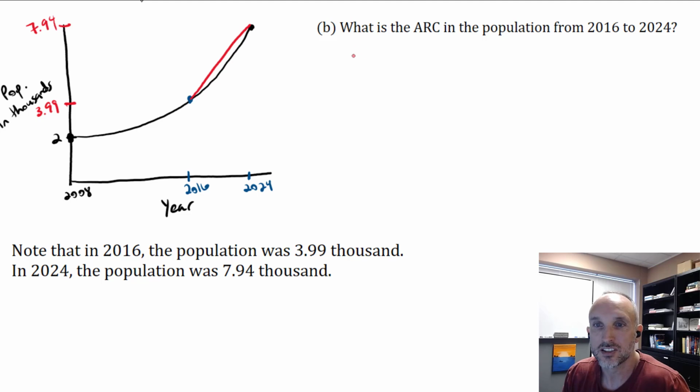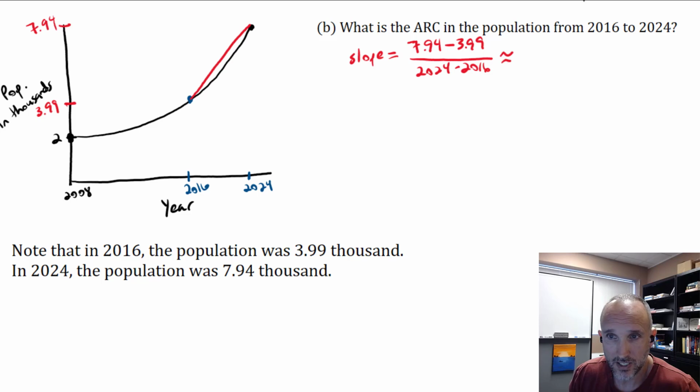So the slope is going to be rise over run. So we're going to take 7.94 minus 3.99. That's going to tell us our rise. Divided by our run, we're going to take 2024 minus 2016 to get our run.